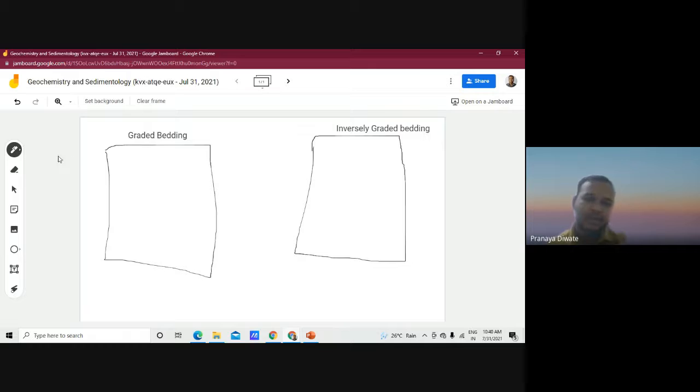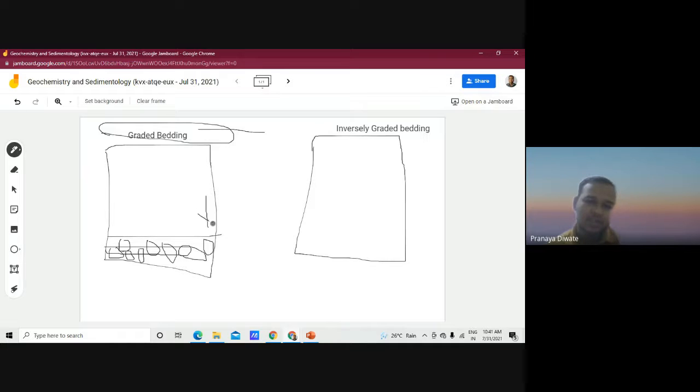In graded bedding, if you have a lake or something like that, according to gravity, the boulders or the coarse sediment, maybe different coarse sand also, are deposited first.